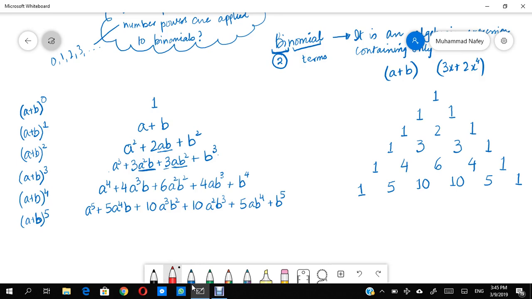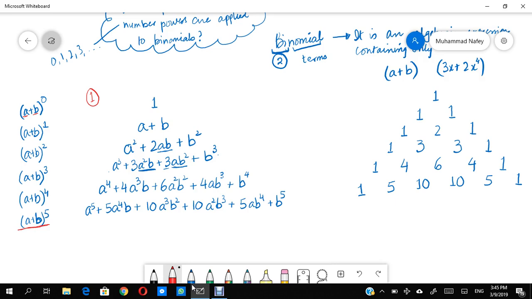Let's take a look at this first triangle here. From this triangle, we'll first try to see what's happening to the powers of the individual terms of the binomial. We have a and b, which are part of the original binomial, which will be expanded later on. So now if you take a look, we'll start with the maximum power only, a plus b to the power of 5.